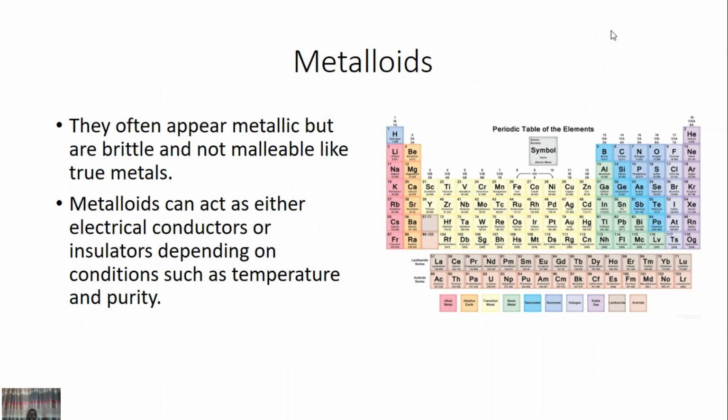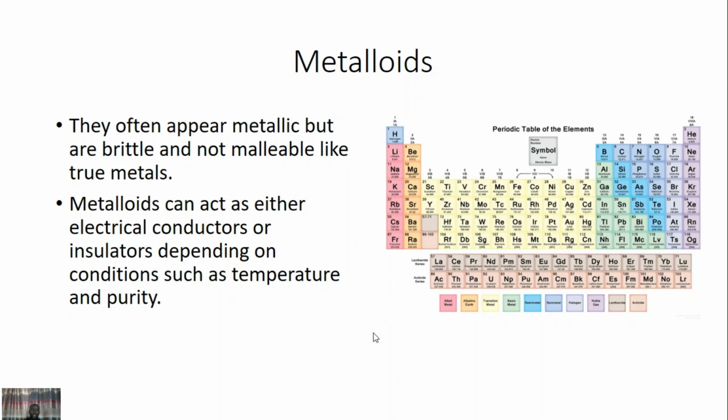I talked about the metalloids earlier on, and I said they behave both like metals and non-metals. They have some characteristics that are similar to the non-metals and those that are similar to metals. But what is very important to take note in them is that as temperature increases, their conductivity increases, unlike the metals, whose conductivity reduces with increasing temperature.